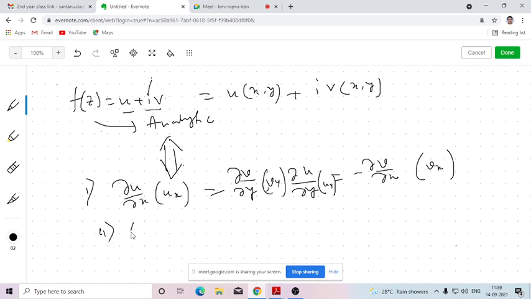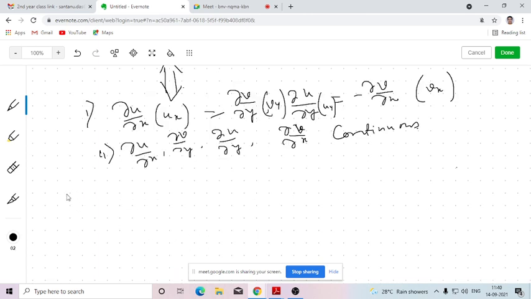Number two, all of del u del x, del v del y, del u del y, del v del x should be continuous. If these two conditions are satisfied, then the function will be analytic. Similarly, if the function is analytic, then obviously these two conditions will be followed. I have given the examples also.